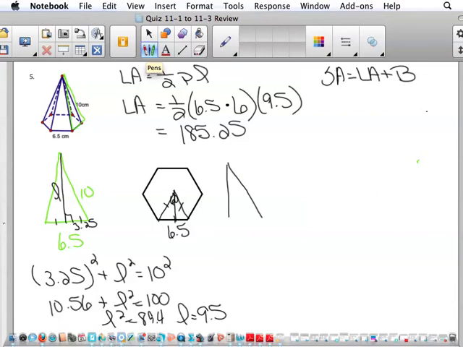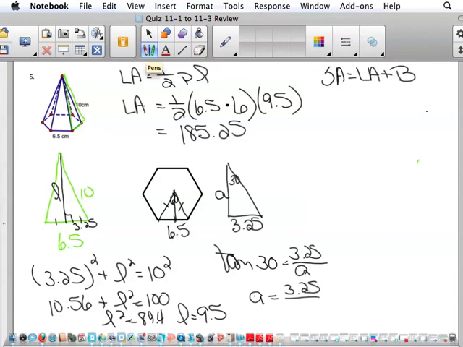When I bisect that angle, I get 30 degrees. It bisects the side, which gives me 3.25, and I need the apothem. So if I use tangent of 30 is equal to 3.25 over A. Again, they're going to trade places, so 3.25 over tangent of 30.